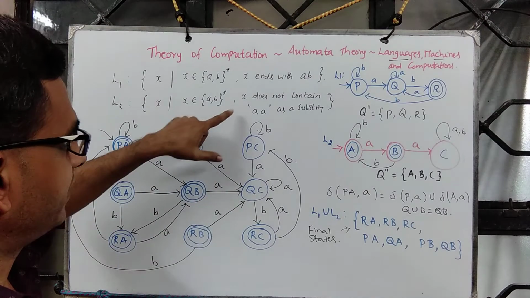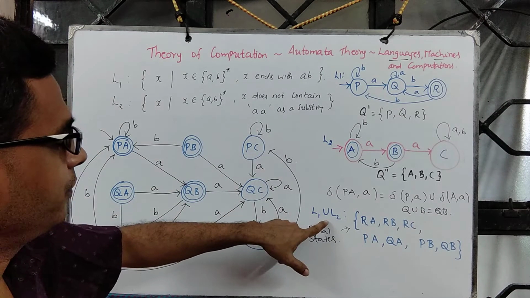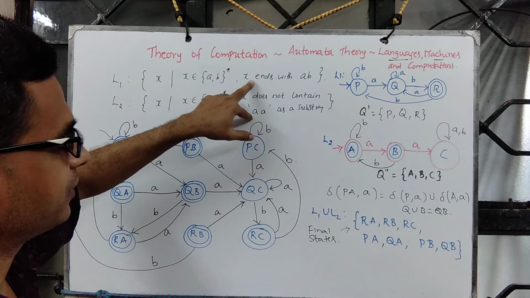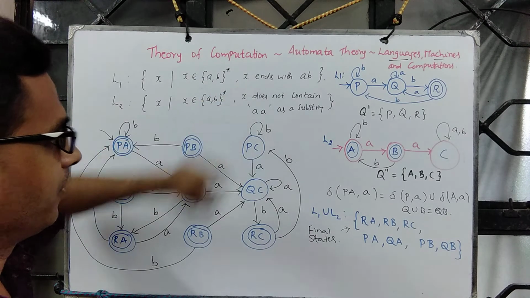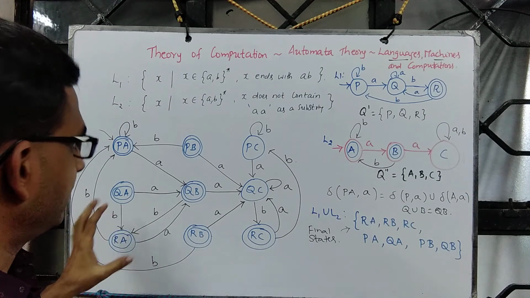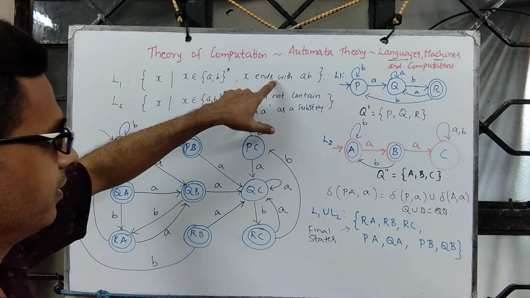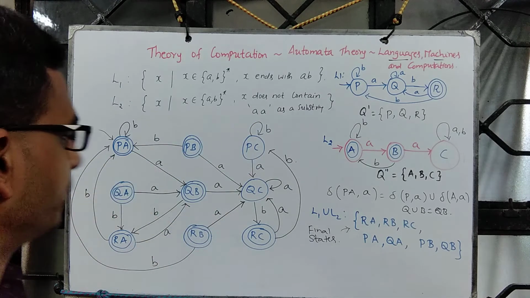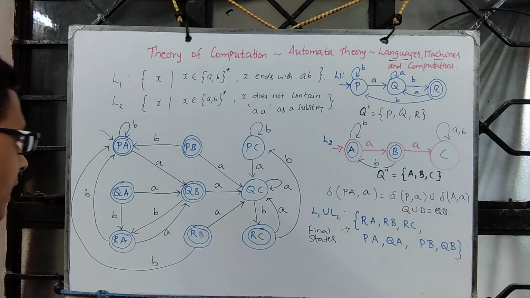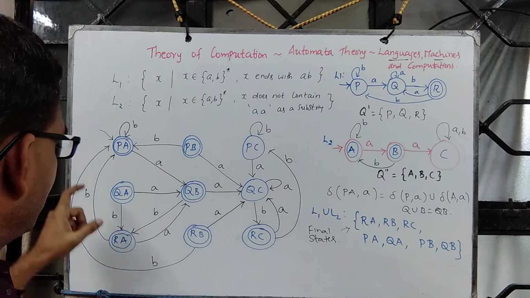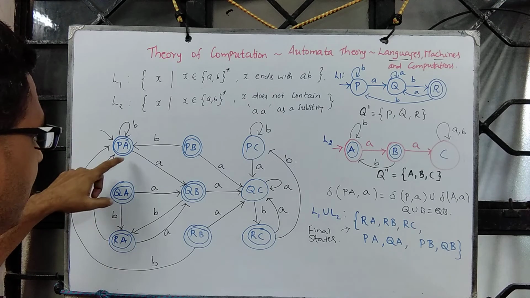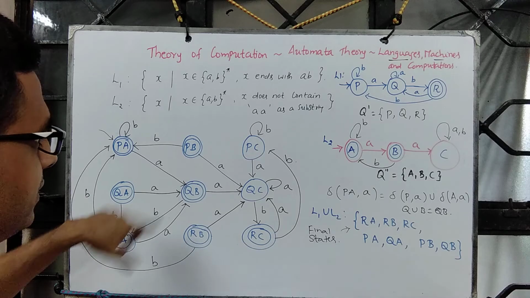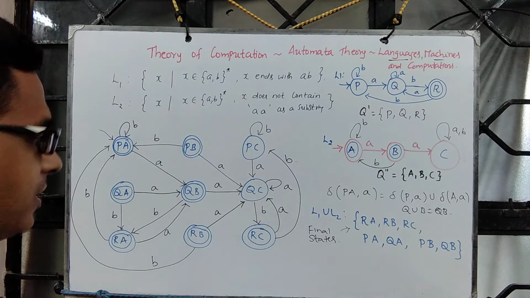Because when it says L1 union L2, you may contain AA in it, but you satisfy this property. So there are cases where you may not end with AB, but you satisfy this property. In some cases you satisfy both. And when it is just AB, then you see that it ends with AB as well as not containing AA as a substring.